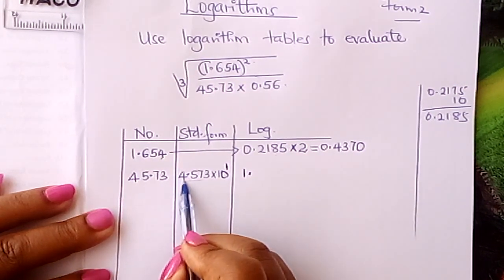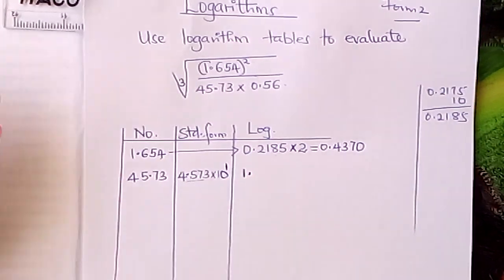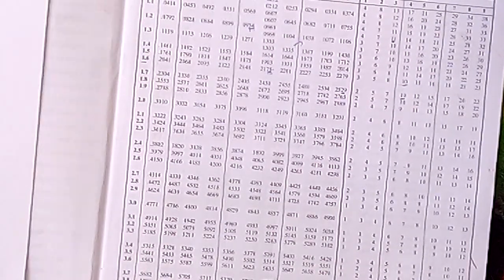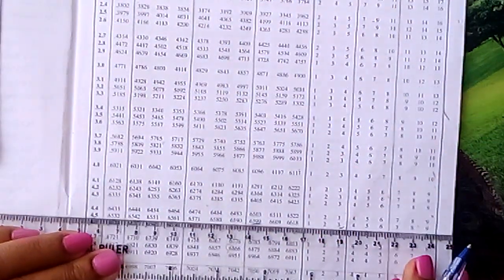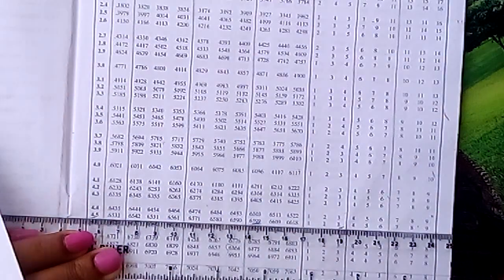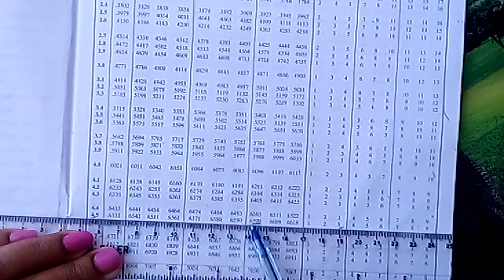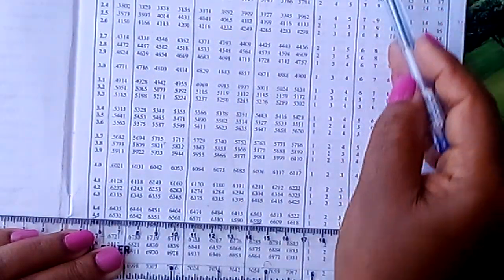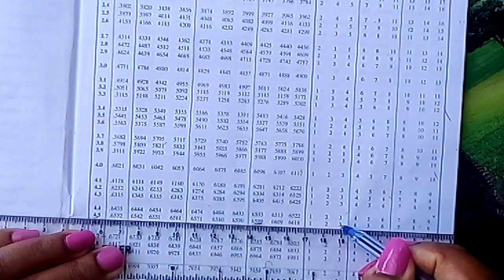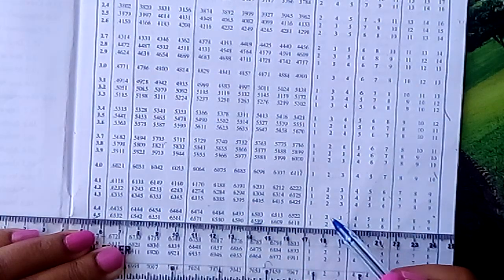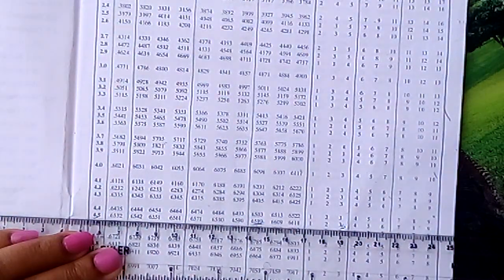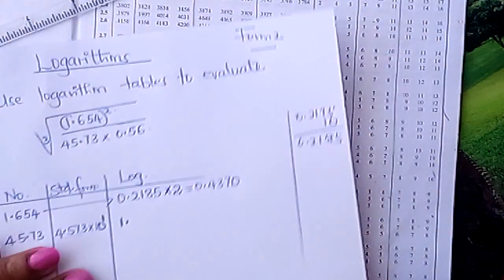Then you look for the logarithm of 4.573 from the table. 4.57 is 0.6599, plus the 3 in this column.